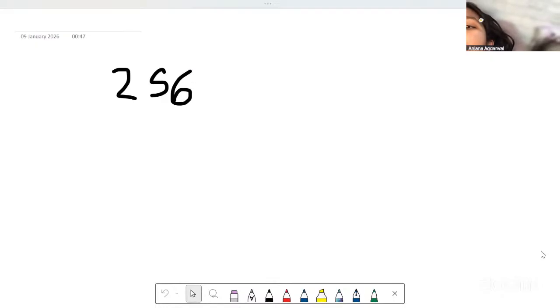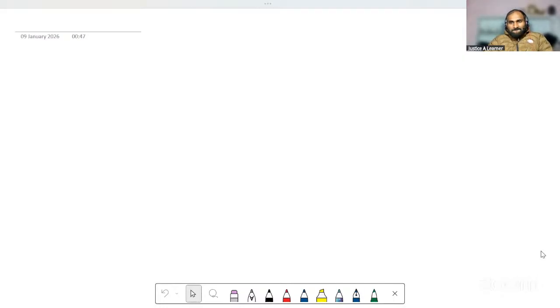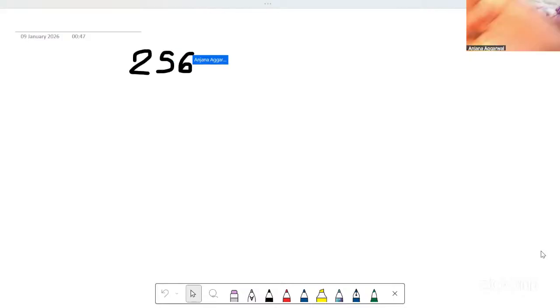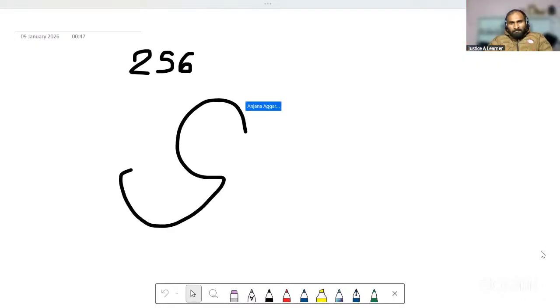If we take, I don't know. 512, I was just checking that you are doing it or not. That was the wrong question for square. So now 256 you may solve.